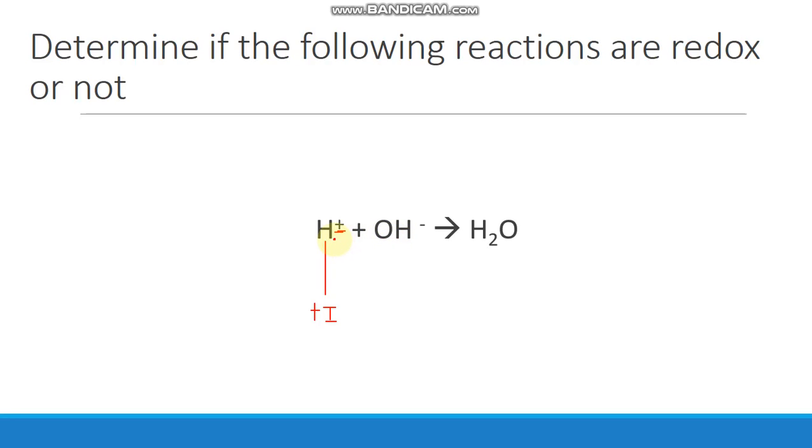We're going to look only at H. So H, if it is present in a compound, it has also +1. Here in the products we have H2O. H here is present in a compound, so its oxidation number is +1. So the H here is +1, and here it's +1, and here is +1.